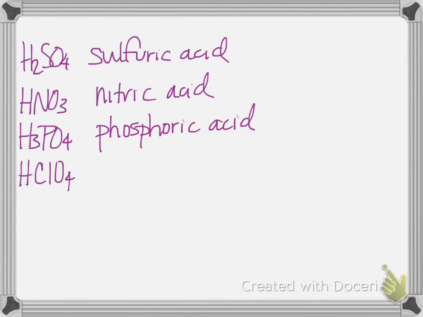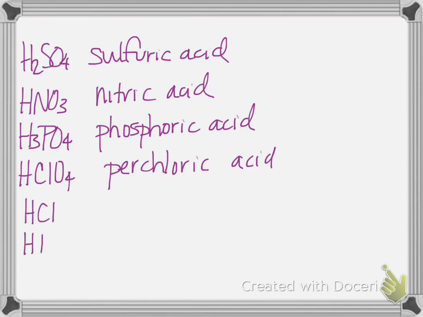HClO4, anybody want to guess what that one is? Perchloric acid. Because ClO4 is perchlorate, so it would just be perchloric acid. And then HCl, HBr, HF.